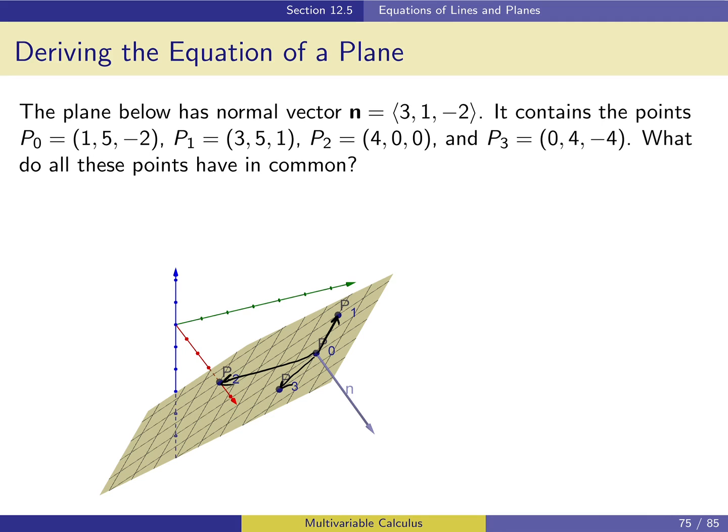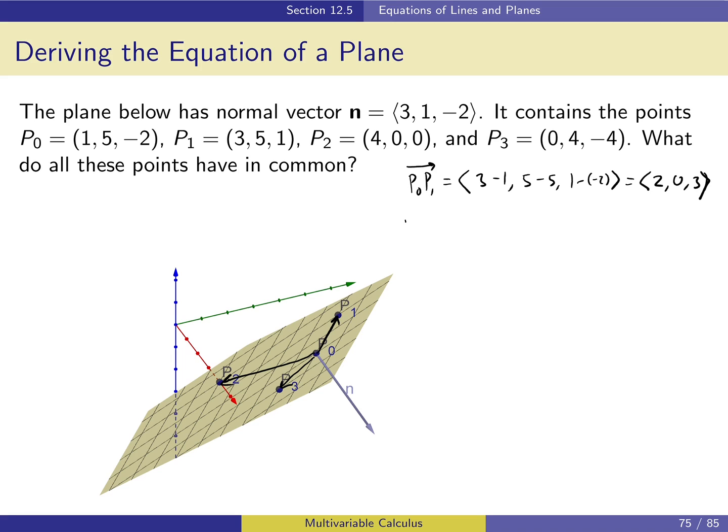Let's just do one of these vectors as an example. So let's take the vector from P0 to P1, which we can get just by subtracting the components. It's 3 minus 1 for the x component, 5 minus 5 for the y component, and 1 minus negative 2 for the z component. And so we get (2, 0, 3).